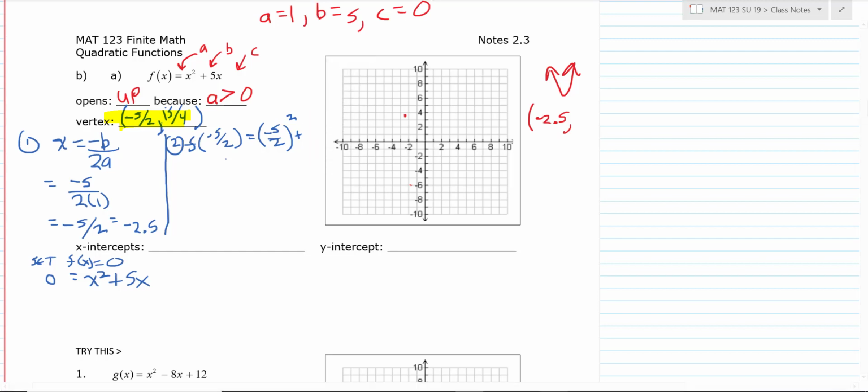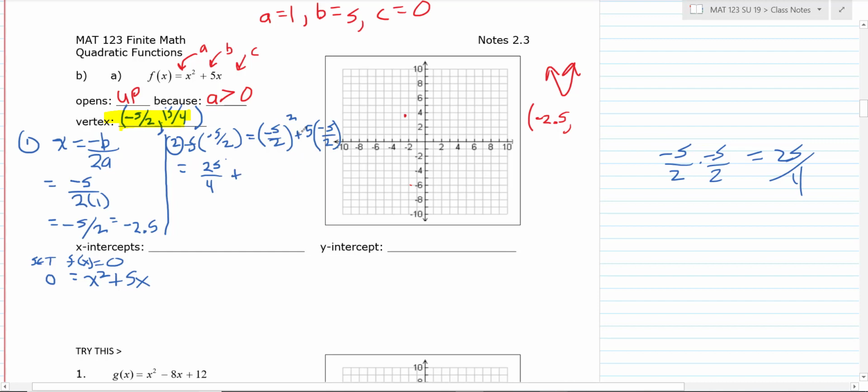The more you know about math, the better you can catch mistakes. So what I didn't do right is this is 5 times negative 5 over 2. So what I'd have is square that. That would be 25 over 4 because you're just doing negative 5/2 times negative 5/2. Multiply fractions straight across, so you get that.